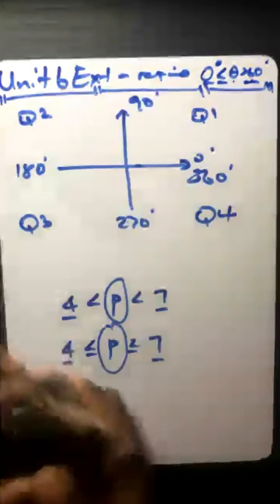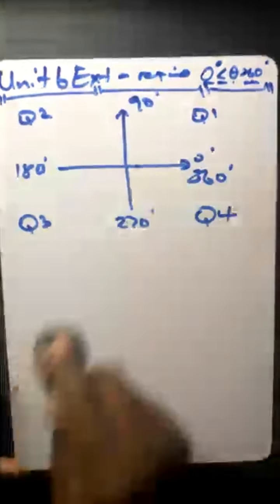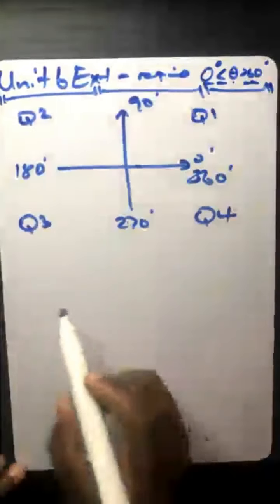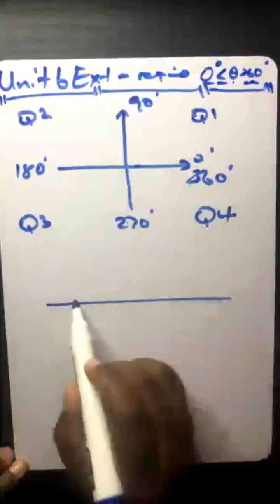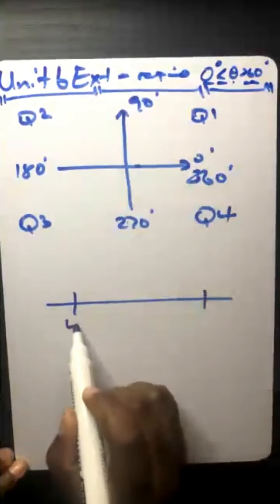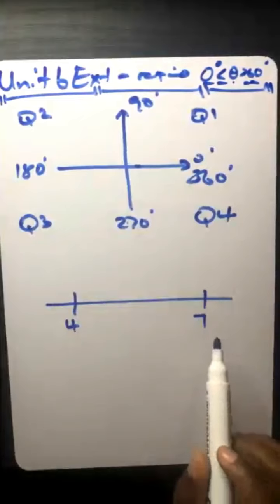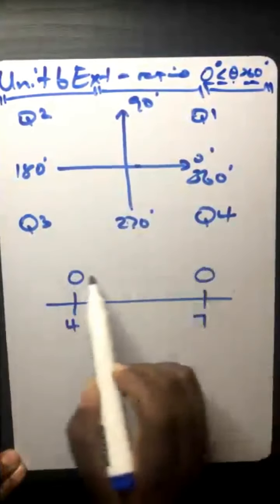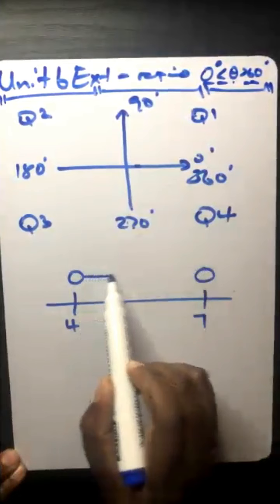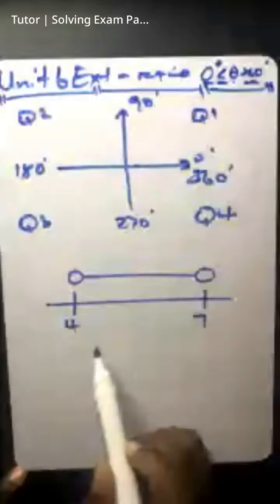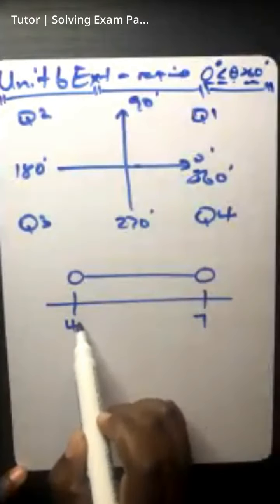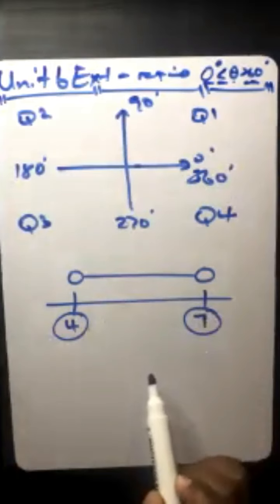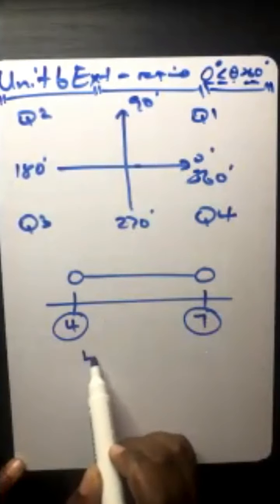Let me try to explain this on a number line. If we have a number line, then we have 4 and 7. We make that 0 there and we connect those two. That means we are actually concentrating between 4 and 7. So this is how you write it.